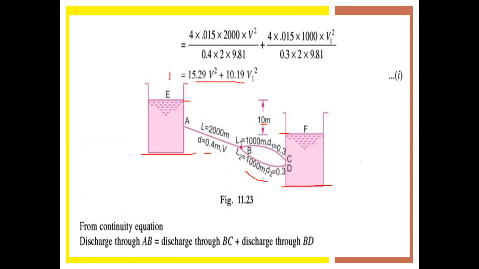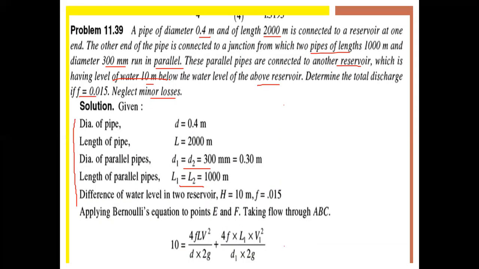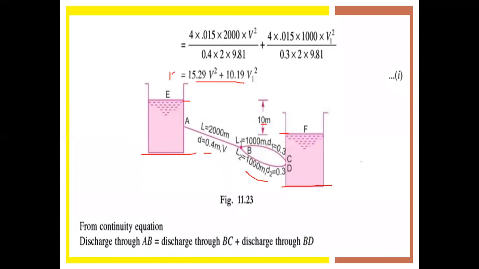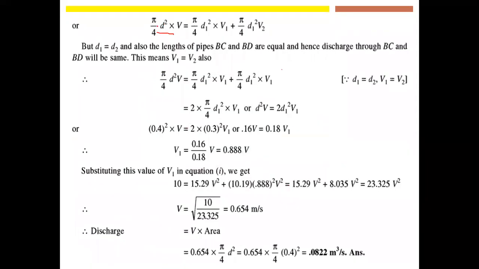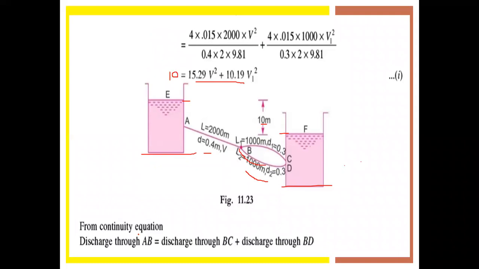So this is 10, and then this is 10. Keep it as equation 1. Now from the continuity equation, the discharge through AB is equal to the discharge through BC plus BD.